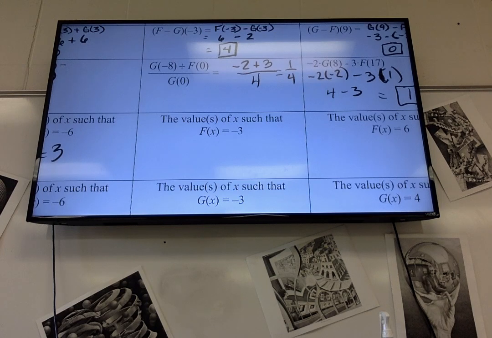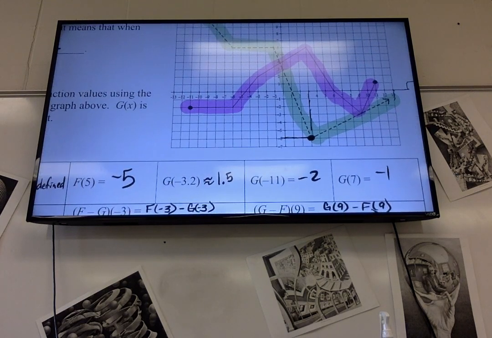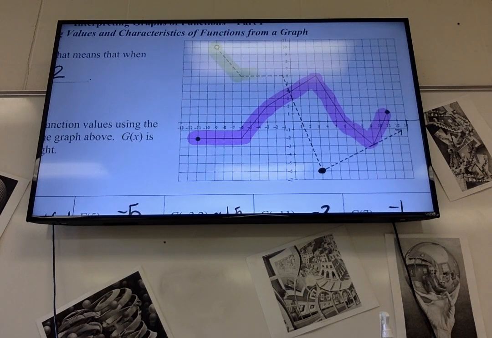F of x equals -3. Again, that's the green one. -3 on the y corresponds to this point and this point.